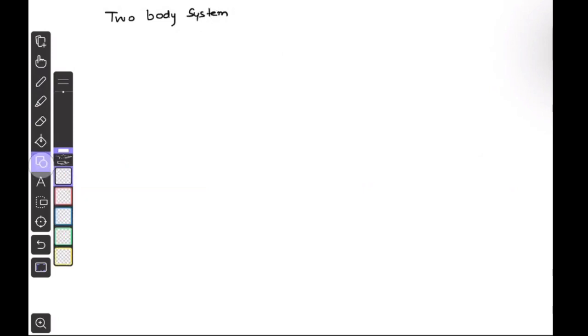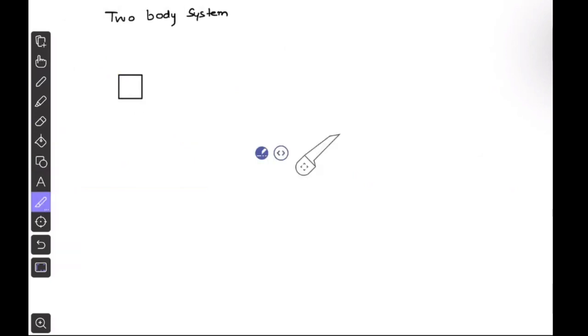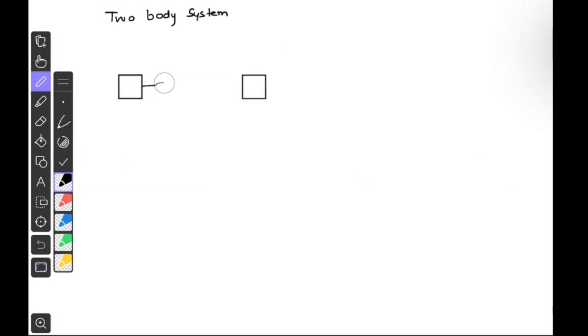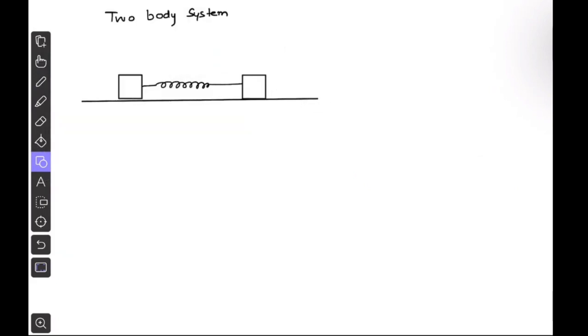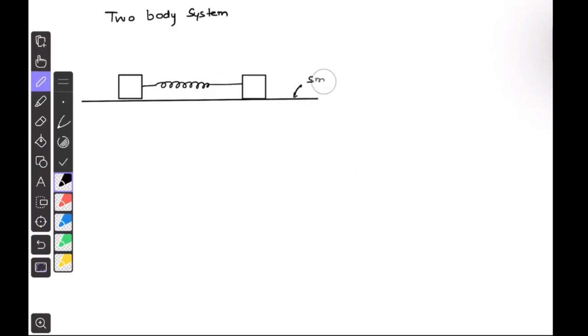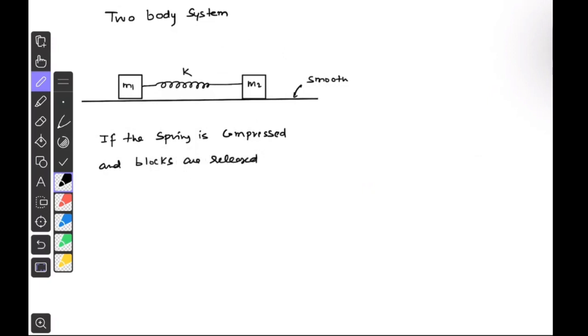Suppose I take a case of two blocks which are connected by an ideal spring, placed on a smooth horizontal surface, and suppose I compress the spring by some amount and the blocks are released from rest.